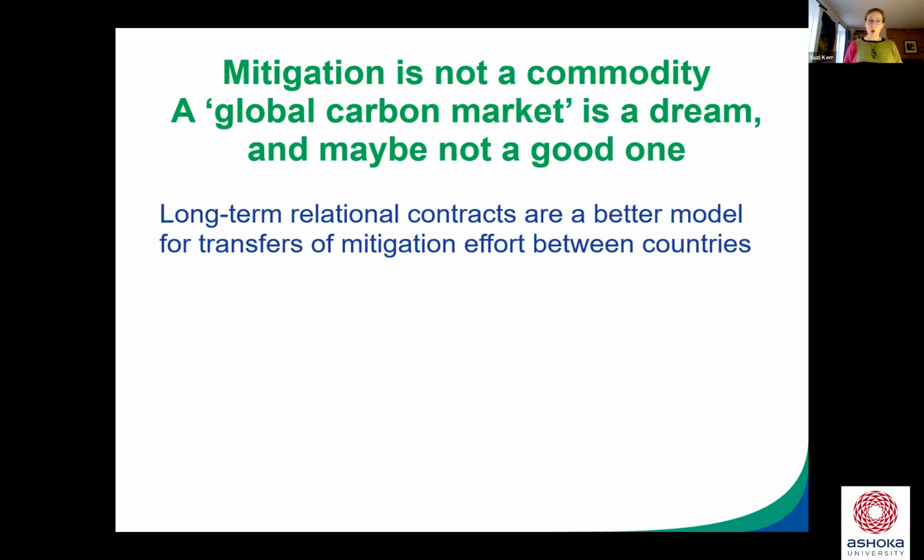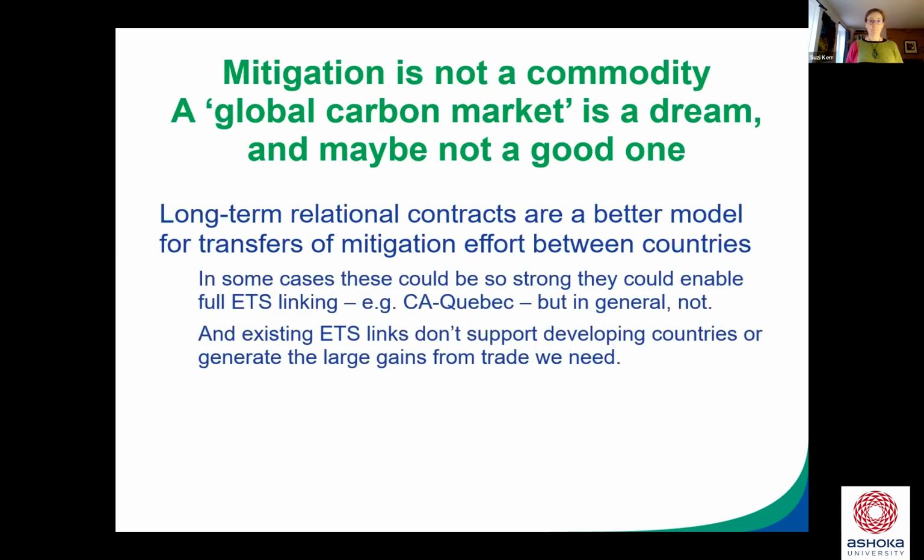So we think that long-term relational contracts are a better model for transfers of mitigation effort, where people have deep knowledge about each other, they develop trust, and they're committed to each other in a long-term way. And a lot of private sector large transactions are done in this way. They're not done through commodity markets.